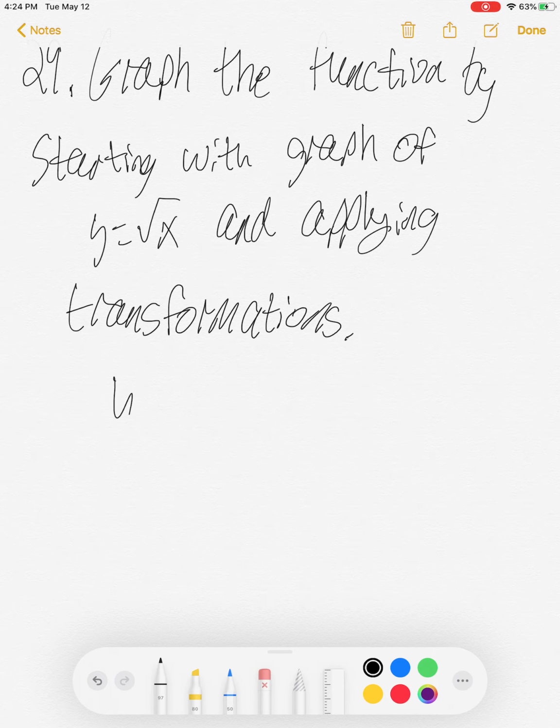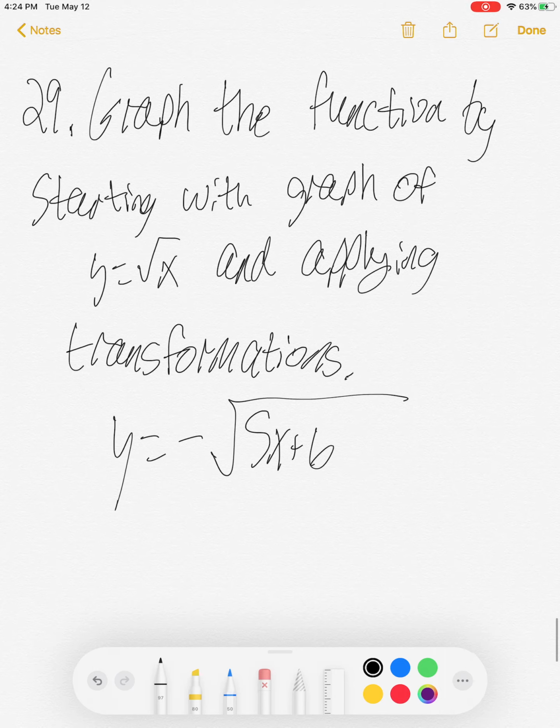The function which we're given is y equals negative root 5x plus 6. What we're supposed to do is relate this back to the y equals root x graph and see how these different changes affect things. There's actually a little sentence here in words, with fill in the blanks, on the actual MyMathLab problem.